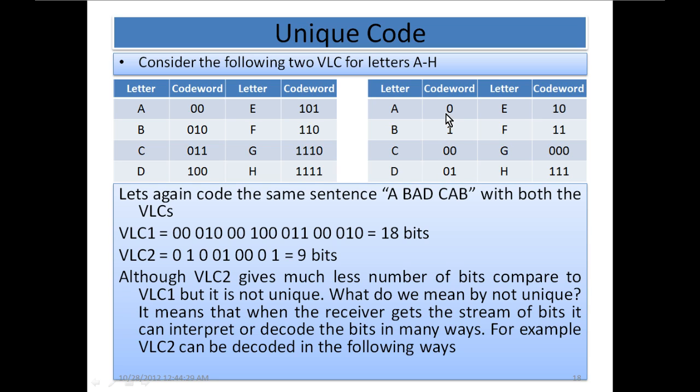Or if two zeros are received in sequence, then this can be misinterpreted as C. Or if two ones are received one after the other, then it can be misdecoded as 1 1 or F. So this is not a uniquely decodable code, so this VLC2 is not a good or efficient code. Rather, VLC1 is better. So we don't have to just reduce the number of bits, but we have to make sure also that the code words which we are going to generate are uniquely decodable.